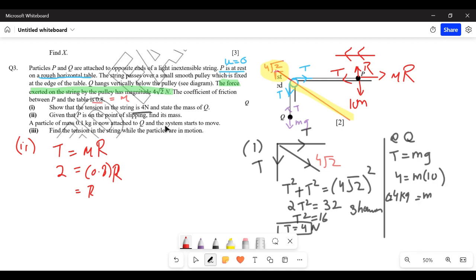It's 5. So now R is equal to 10M. So 5 is equal to 10M. So M is equal to 0.5 kgs.